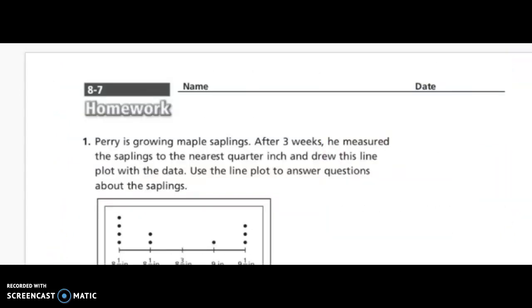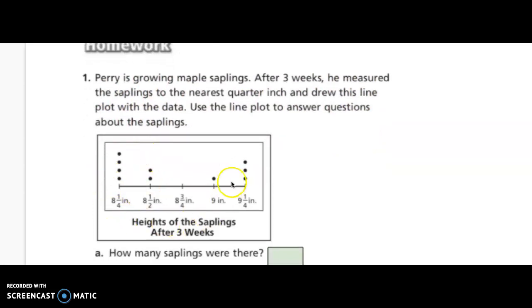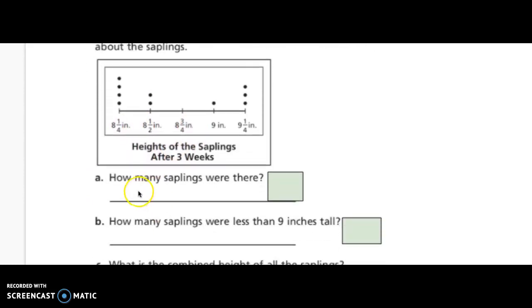And finally, today's assignment will end with a paper that looks just like the papers we would do in our classrooms. And it has a little explanation about this first line plot that you have. You can see they involve fractions of an inch, some of our measurement. And it asks how many saplings were there. Saplings are baby trees.